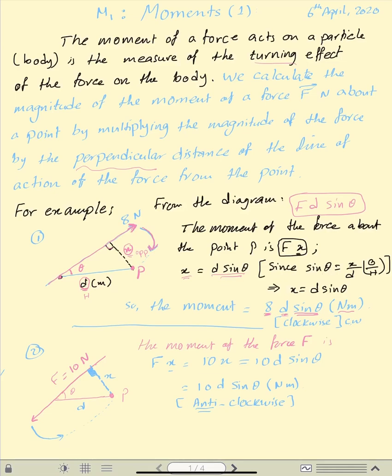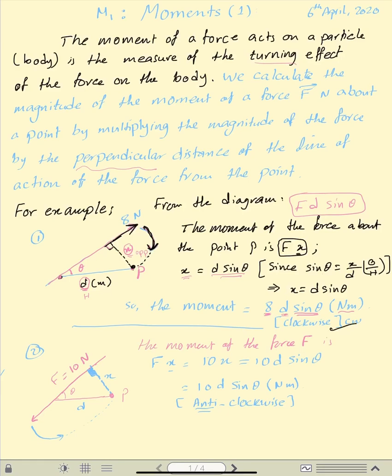How do you state the direction, not by guessing? According to the force. The force is here and the point is here. How do you apply the force about the point? We follow the diagram. So this direction is clockwise.